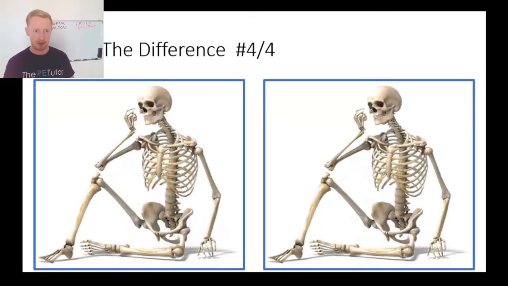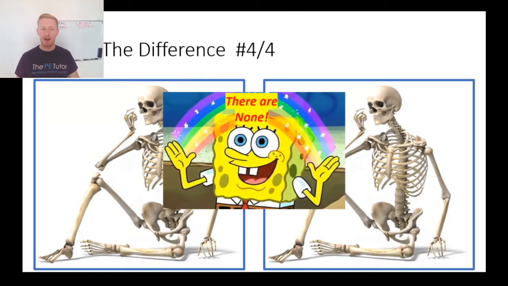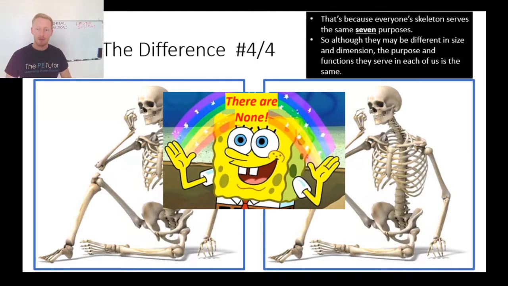And on Luigi's chest, he is missing one of the buttons. Now the purpose of me showing that is this slide here. Try and spot the difference with the skeleton. Have a little think, 10 seconds. Where are the differences? Skeletons can be different in structure, shape, size, dimension, but the purposes are always the same.